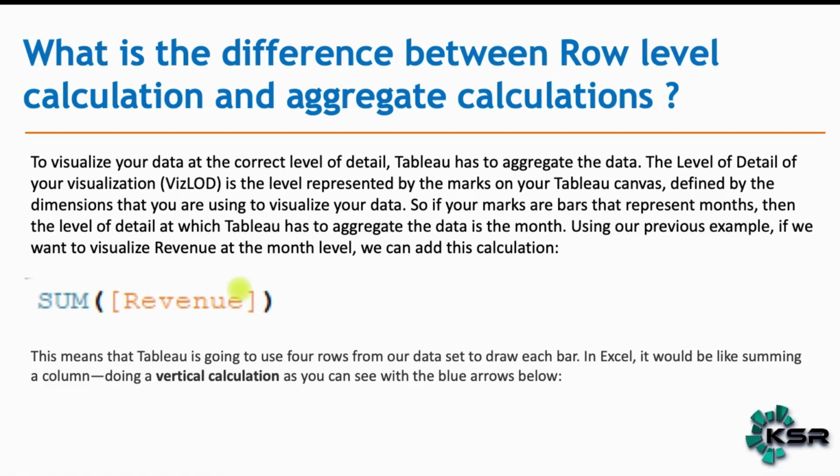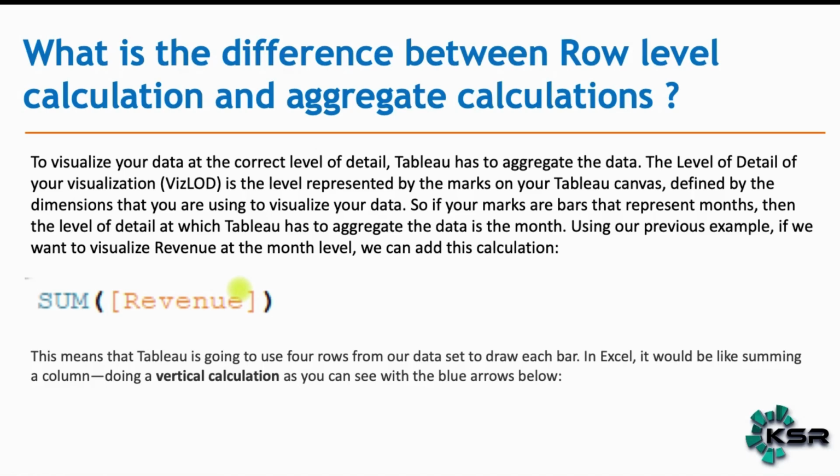Now, level of detail of your visualization is nothing but the level represented by the marks on your Tableau canvas, and which basically comes from the dimensions which are being utilized in your view. Okay, so let's say if your marks are bars that represent months, then level of detail at which Tableau has to aggregate the data is the month, because in your visualization you have months as a level of detail. So all the measures will get aggregated at the month level.